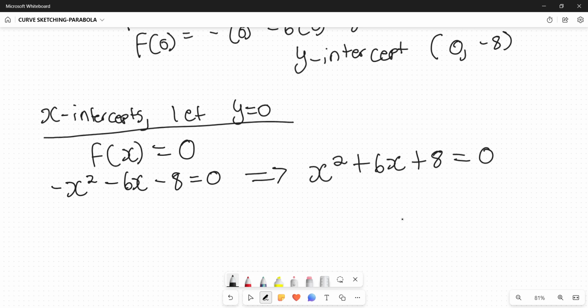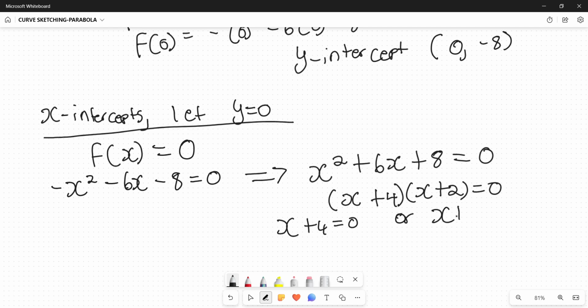Then now it is a matter of factorization. Now if you factorize this equation, you will get x plus 4 into x plus 2 equals to 0, whereby we have to say x plus 4 equals to 0 or x plus 2 equals to 0.